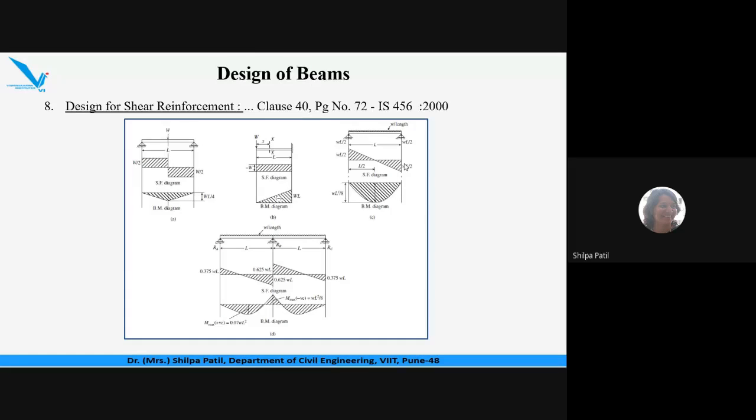In IS 456, clause number 40, you have to refer for the design for shear. The earlier clause, clause 39, is related to design for flexure, in which you have all the clauses related to design of a beam against bending moment. And in clause number 40, you can refer to the clauses for design for shear. We will move to that clause later on.